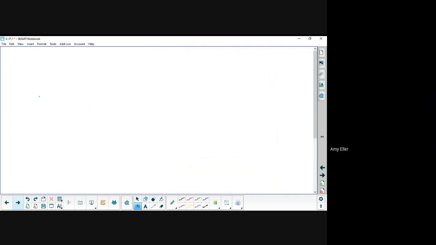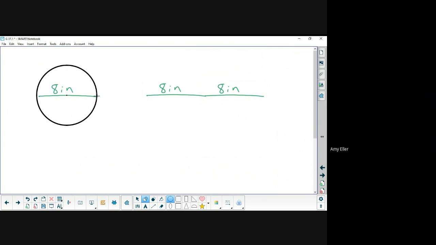Let me draw. I'm not going to measure, but I'm going to copy this so I know it's exactly double. So there's an 8-inch and there's a 16-inch. Now let me make a pizza with that diameter. We're getting into that today.